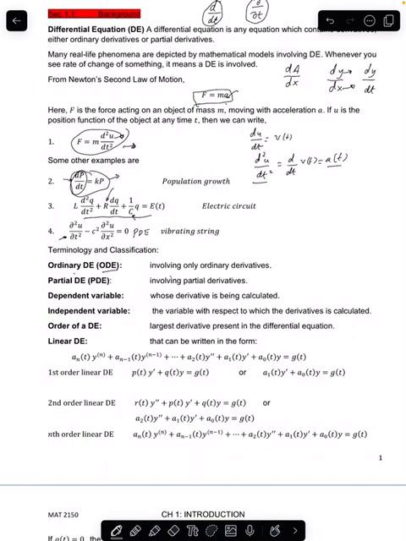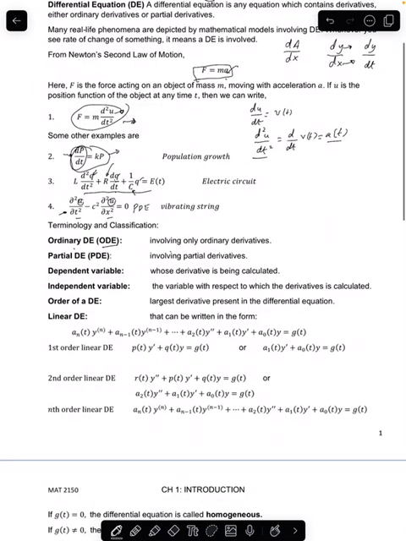Similarly, in 3, little q is the dependent variable, because everywhere we are taking the derivative of q, and the independent variable is t. In equation 4, our dependent variable is u, because we are differentiating u, but now we have two independent variables, t and x. So we can have this situation where we have more than one independent variable. Okay, so what is the order of a differential equation?